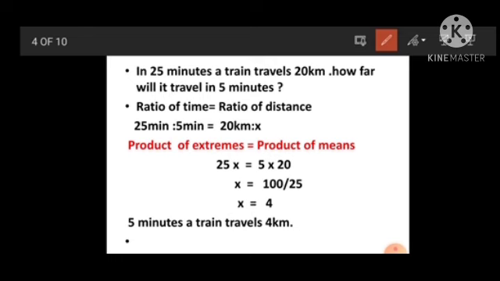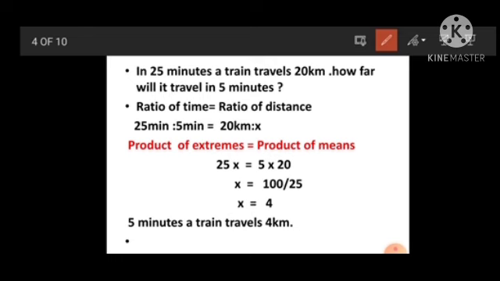Suppose it travels x kilometer in 5 minutes. So 25 minutes is to 5 minutes is equal to 20 kilometer is to x.